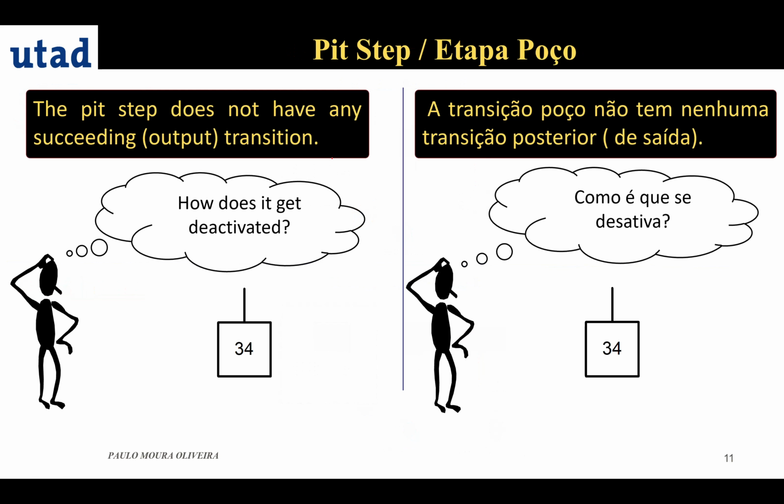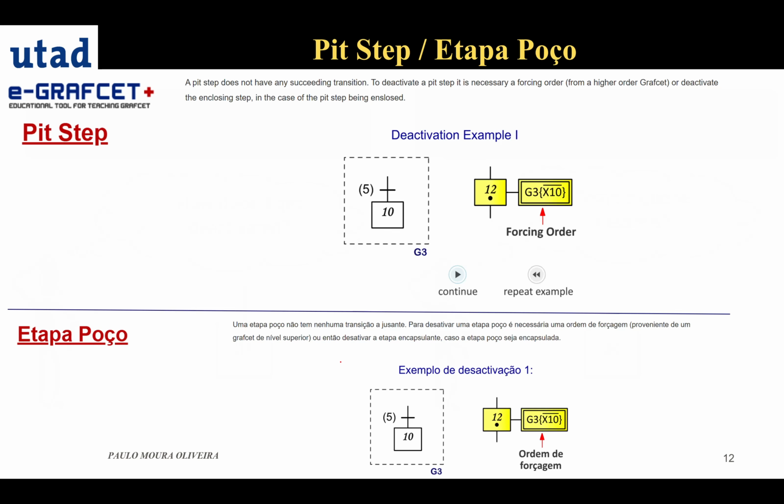The pit step, as you can see, doesn't have any succeeding transition. So how does it get deactivated? That's the question. Once more, it can be deactivated only by a forcing order. For instance, when step 12 becomes active, it forces in the GRAFCET 3 this pit step to be deactivated.